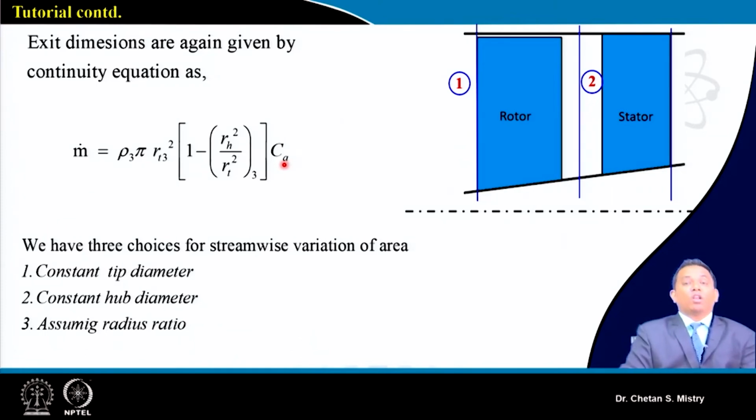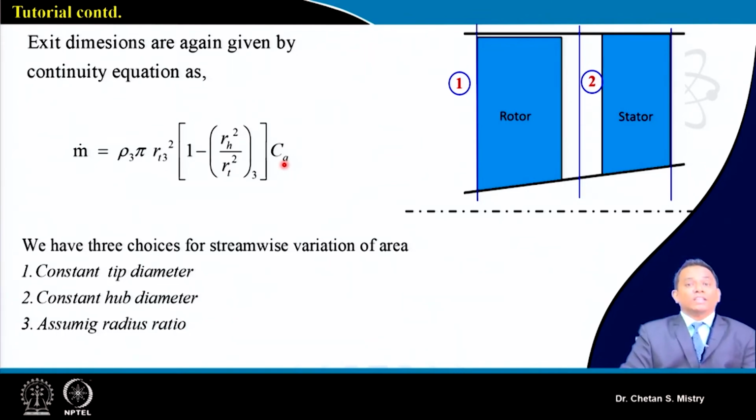If you recall, when we were discussing the design of axial flow compressor at the initial stage, we were discussing the flow track design, and the different types of configuration which are possible. We discussed constant tip diameter, constant hub diameter, and constant mean diameter configurations.